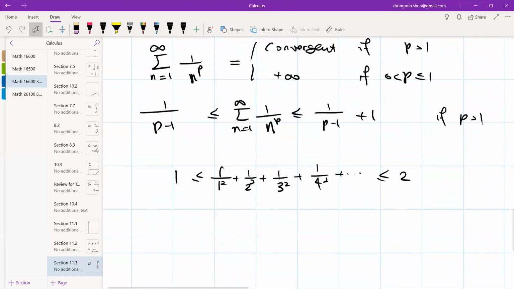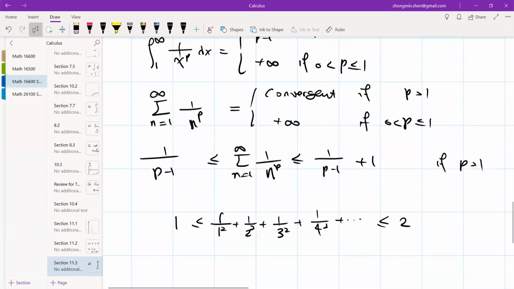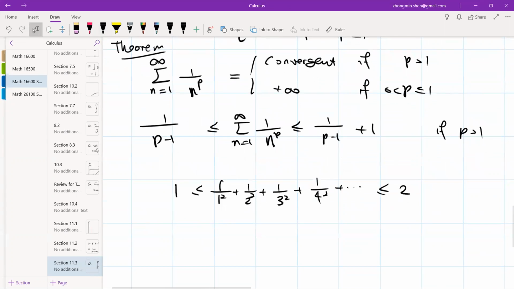Next time we're going to use that p-series. Sometimes we will change a series to that. So this is going to be a useful theorem. We're going to use this in the future. So when p is greater than 1, it means this sequence decays very fast.